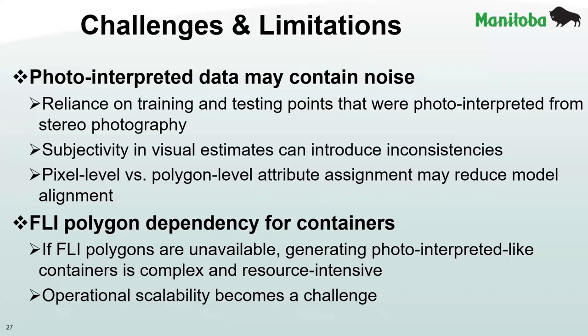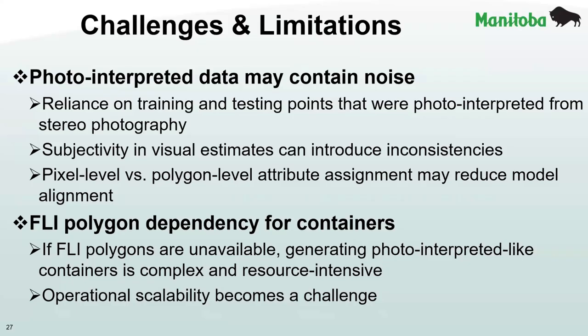It's based on visual estimate of the forest attributes and can sometimes introduce some inconsistency that might make it difficult for the models to predict the outcome with a certain level of accuracy.